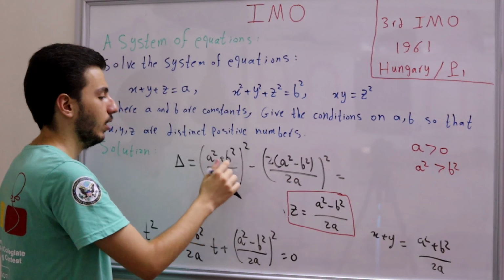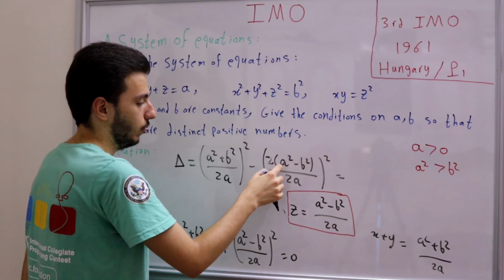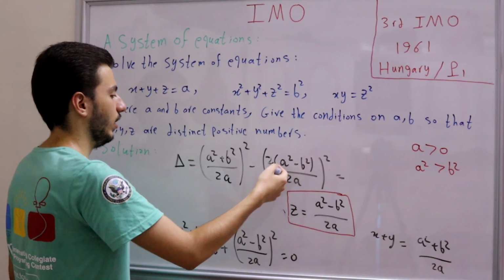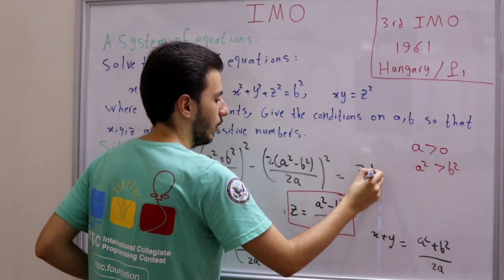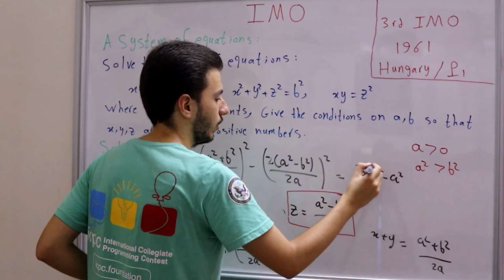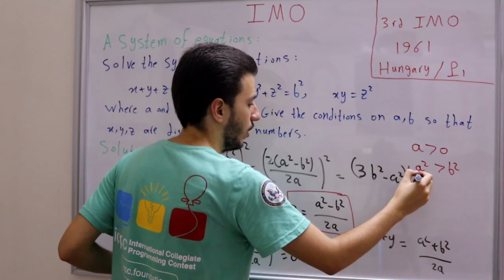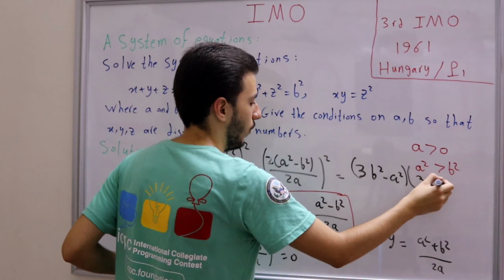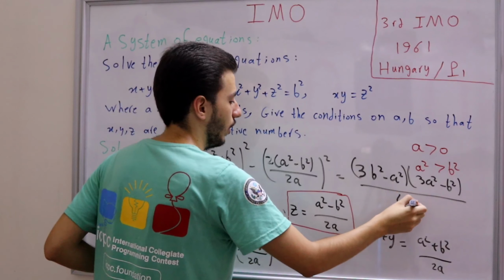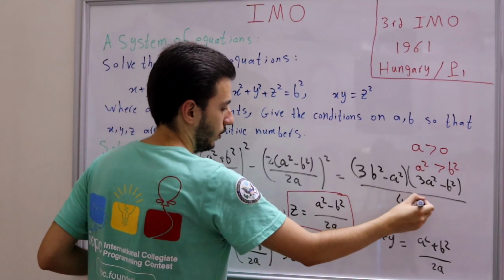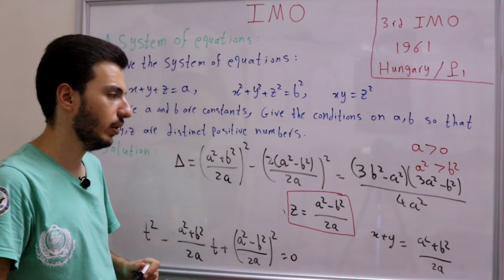So that's simply a squared plus b squared minus 2a squared minus b squared. In fact, this is just 3b squared minus a squared times, of course, it's symmetric here, so 3a squared minus b squared, divided by 4a squared. All right, so that's actually our delta here.